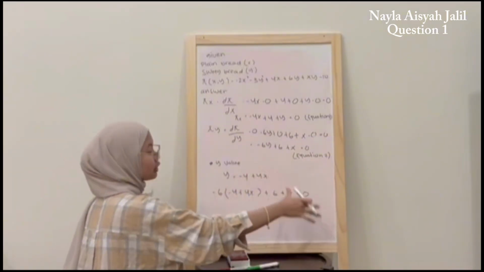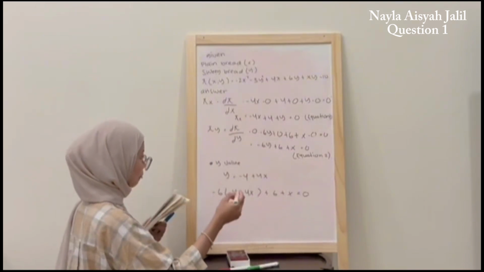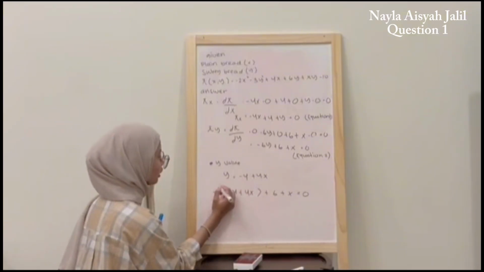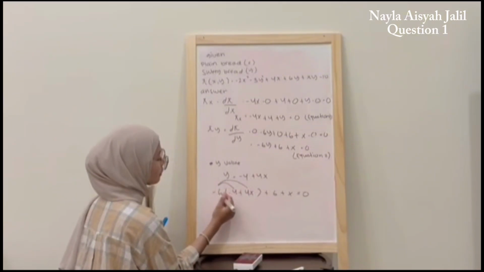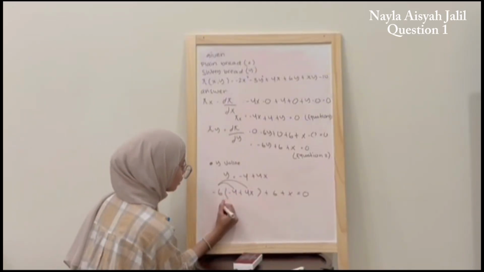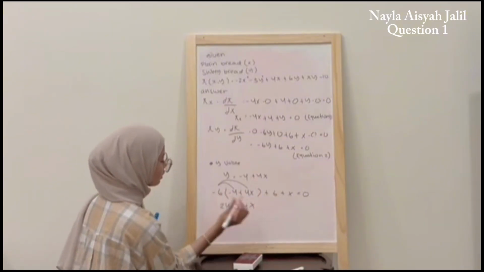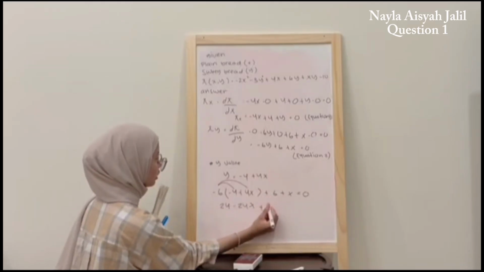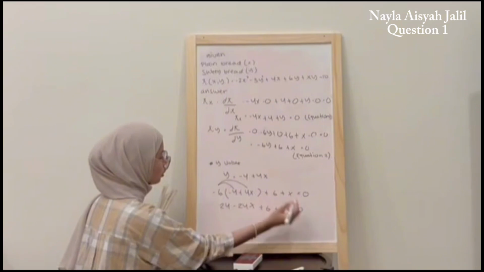So we can multiply like this, and then like this. Minus 6 times minus 4 is 24. And then minus 24x. And then plus 6. And then plus x equals 0.